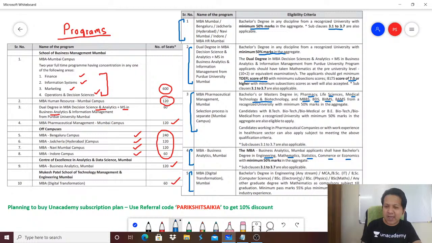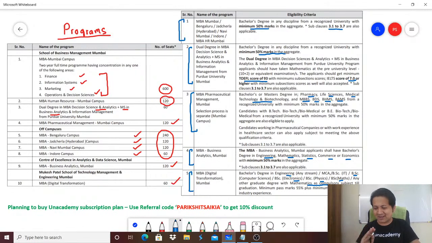Then you can have an engineering degree in any discipline, a BSc in computer science or electronics or physics or maths, or any other graduation with mathematics as a compulsory subject. The reason being, there is a lot of mathematics involved in this particular course. Hence, they wish to have students who have some background of mathematics in their graduation.